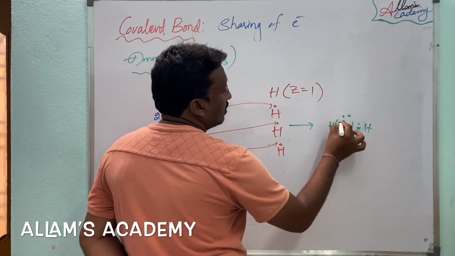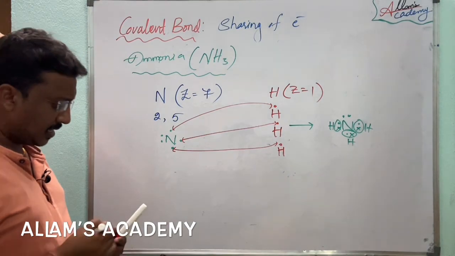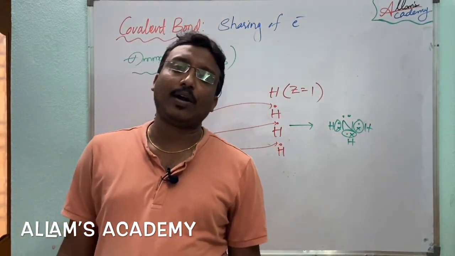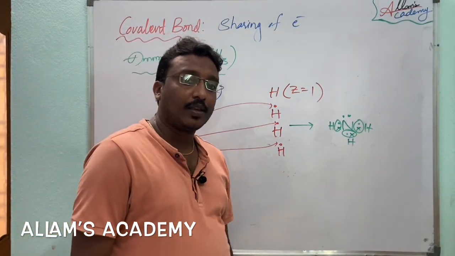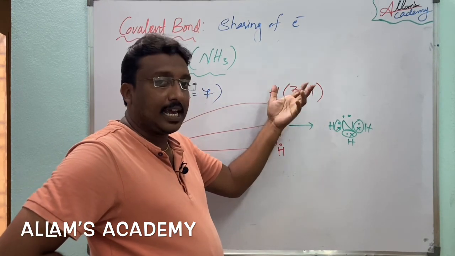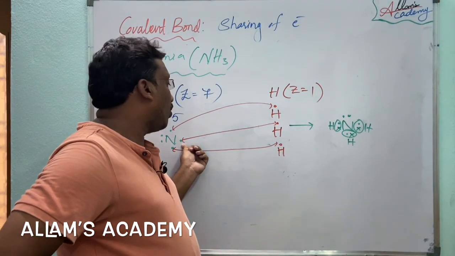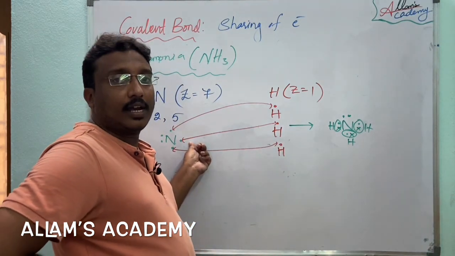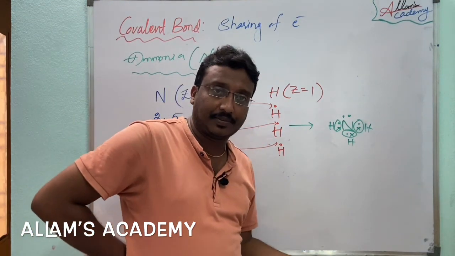Hydrogen, hydrogen. See, sir, here how many bonds? Sir, is it an example of a single bond, double bond or triple bond? It is a single bond only. One electron is shared between hydrogen and nitrogen, one more between another hydrogen atom and the nitrogen atom, and one more is shared by the nitrogen atom with another hydrogen atom.